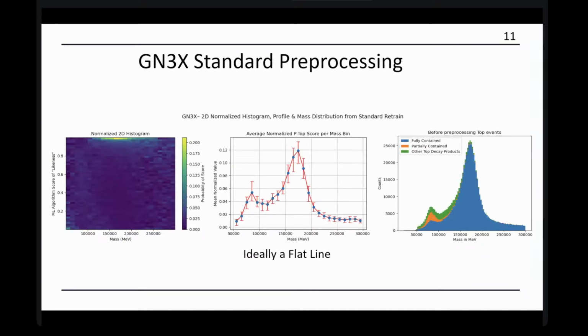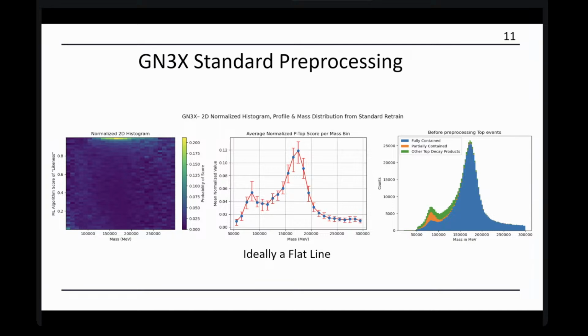Actually, right now. So, G3S, our algorithm, with the standard pre-processing, in other words, the way we resample these data sets into the training sets, is fed into a trainer, and this trainer gives us our algorithm.